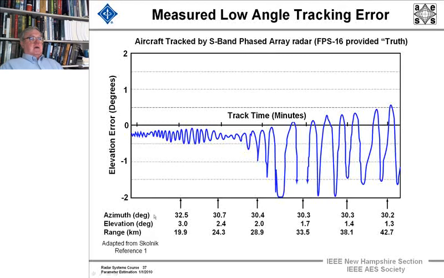And we see that the elevation angle in degrees is 3 to 1 degree, and the error increases significantly, and the azimuth stays pretty much the same, and the range is from 19 to 40 kilometers. But you can see as you go down in elevation angle, the monopulse error, the multipath error, is significant. And the C-band radar has a significantly narrower beam width, so it wasn't bothered by the low angle multipath, which this much wider beam would be giving.